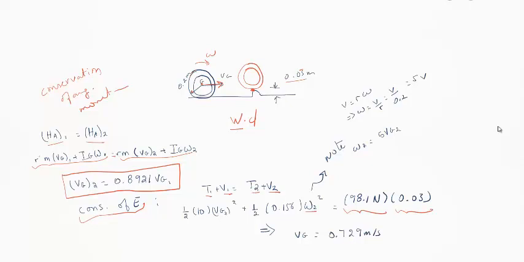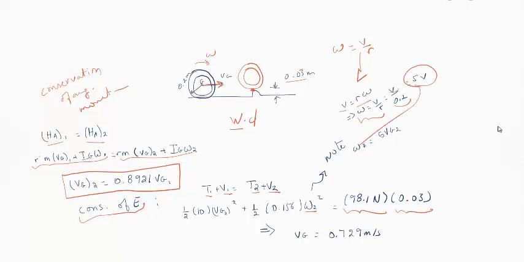And so we don't know what omega 2 is, but if you remember, V equals R omega. So omega equals V over R equals V over 0.2, so equals 5V.